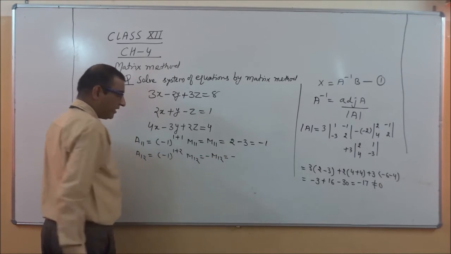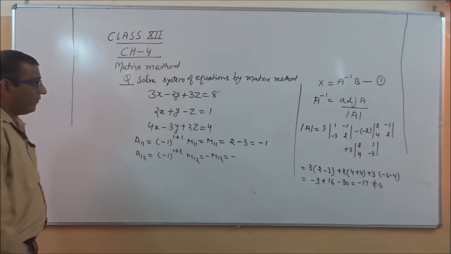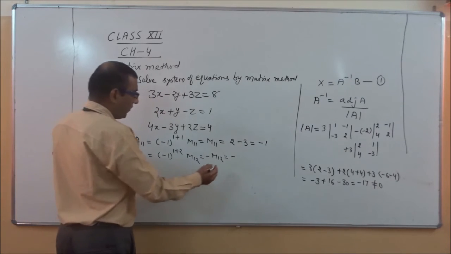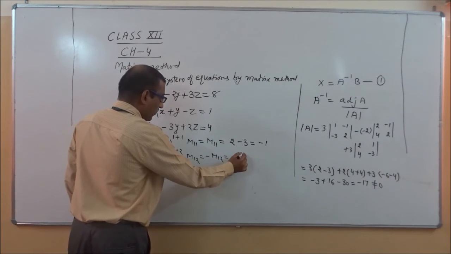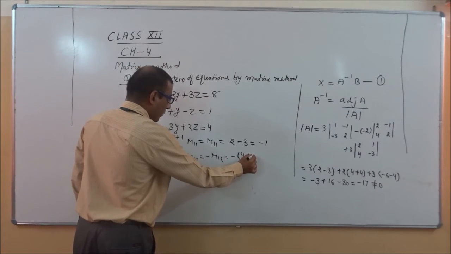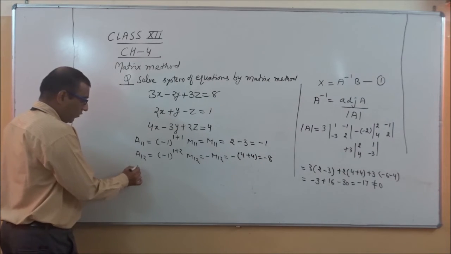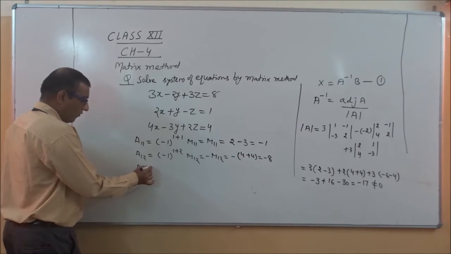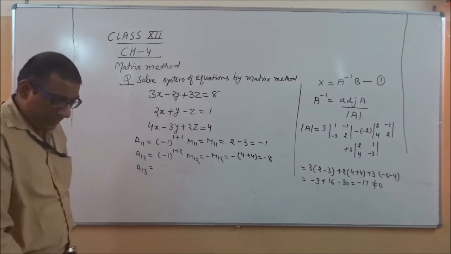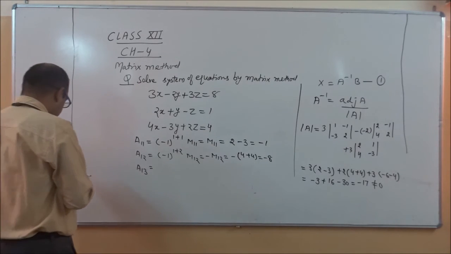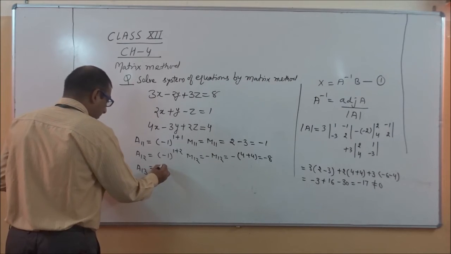So minus as it is, M12 is related with the element A12. When we solve it, it becomes 4 plus 4, it means we will get minus 8. Same procedure with A13. When we solve A13 and the other cofactors with the same method, we can say A13 is minus 10.